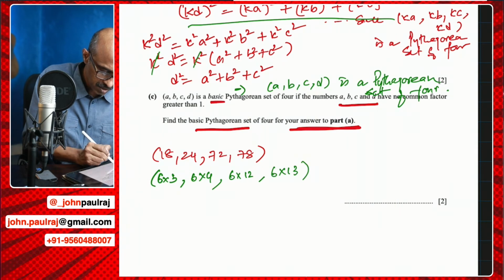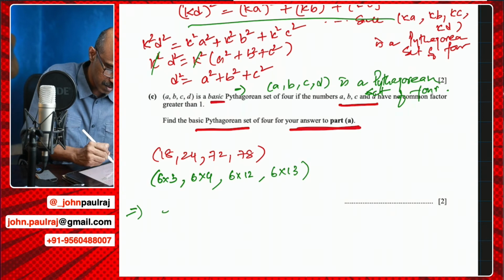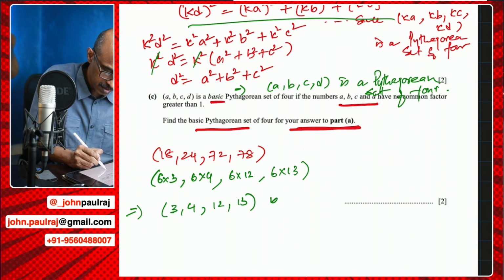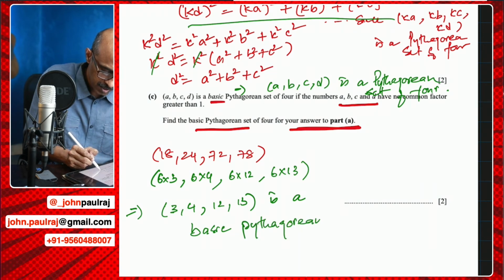Which means 3, 4, 12, 13 is a basic Pythagorean set of 4.